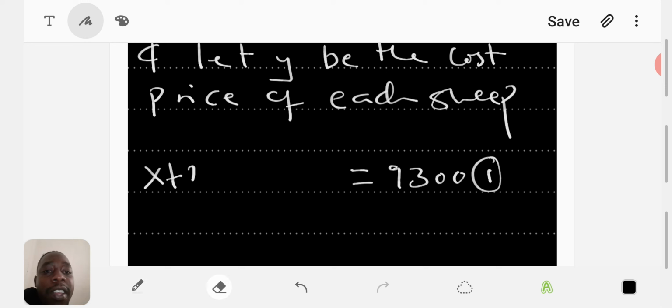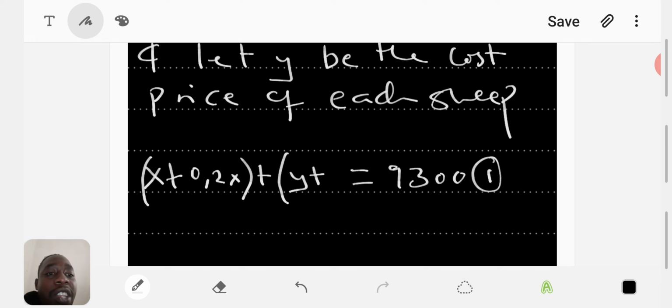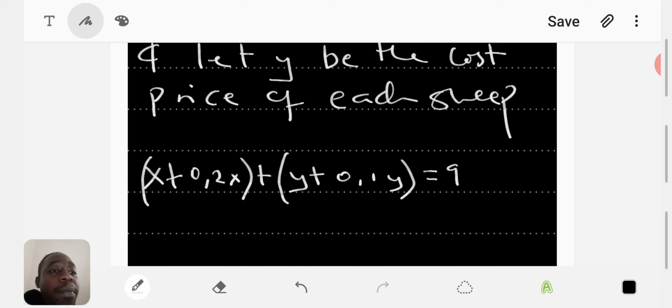Okay, 20% is 0.2x, guys, right? Plus our sheep, on which we made 10%: y plus 0.1y will be equal to 9,300. This is our equation 1.